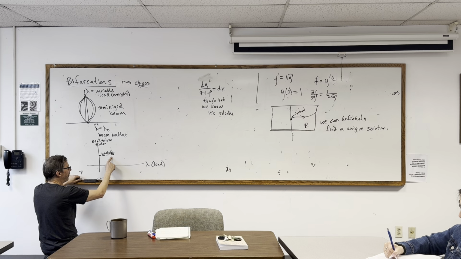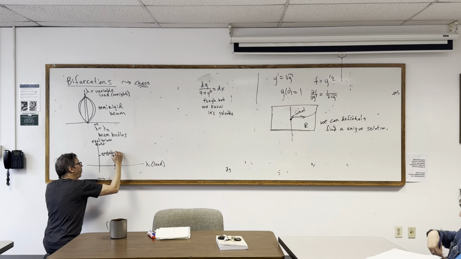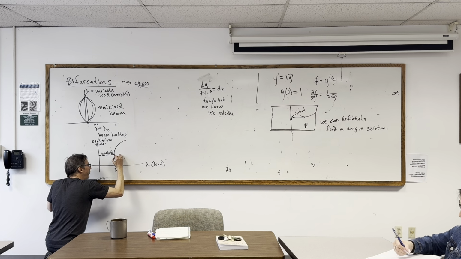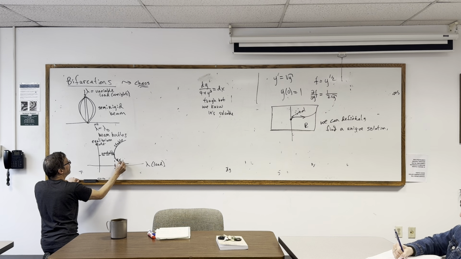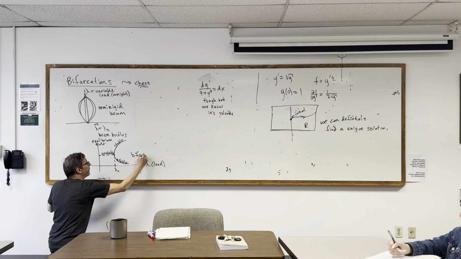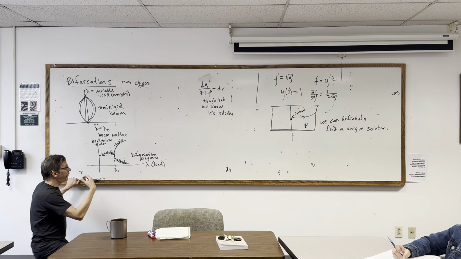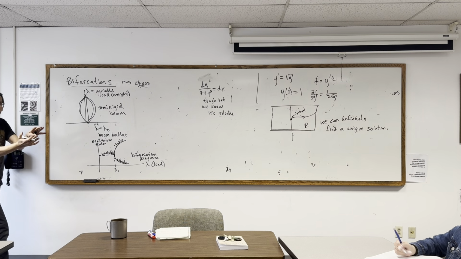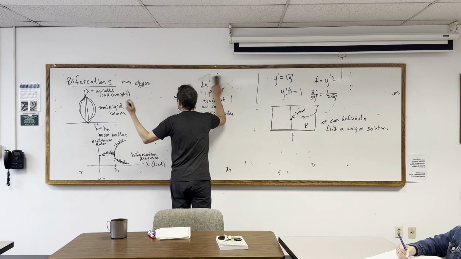But it can hold that for a while until some critical load is reached, at which point it buckles into one of two states, and these are stable equilibria. There's two possibilities. This is called a bifurcation diagram, because it describes to us the equilibrium states and their nature and how they can change as this parameter lambda changes. And that's what we're going to talk about for a while.